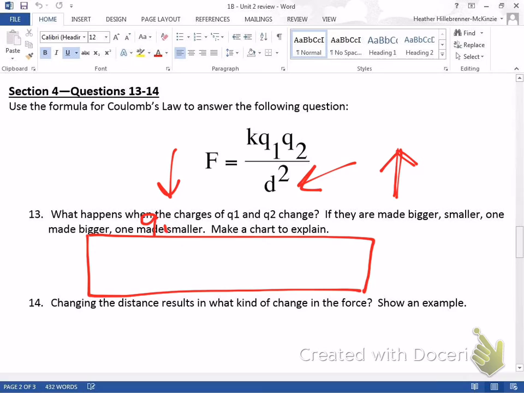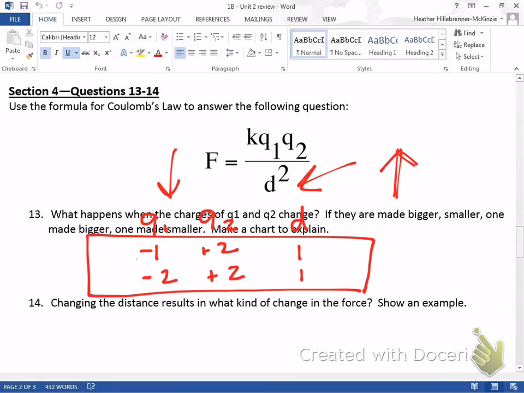So I've got Q1 and Q2, and here we've got a -1 and a +2, and then a -2 and a +2. And let's say for our distance we'll go with meters, it won't really be meters, but we'll say there's 1 meter here and 1 meter there. Put that into your calculator and we're going to ignore K.